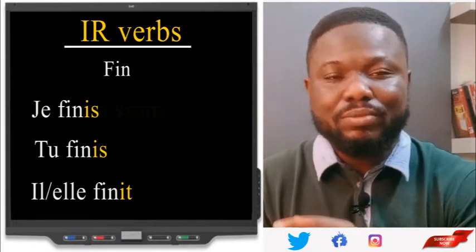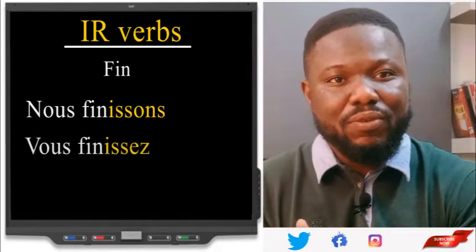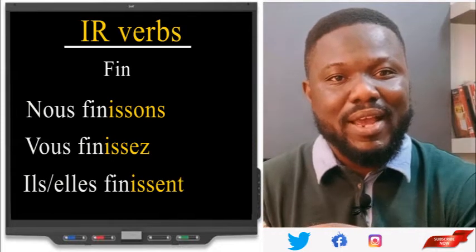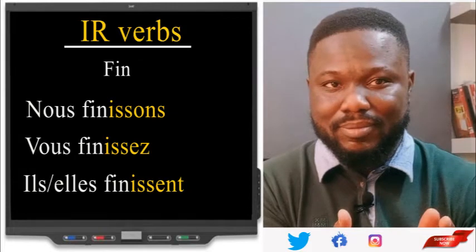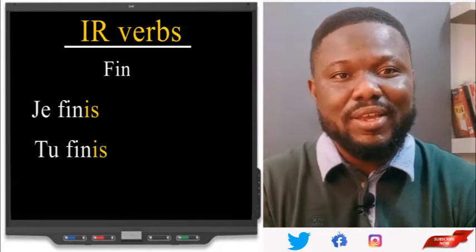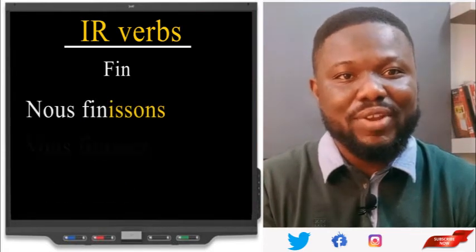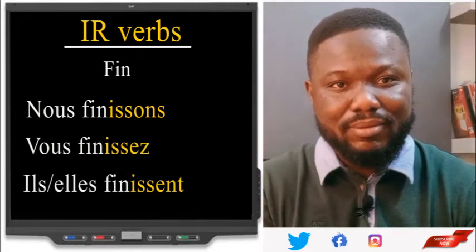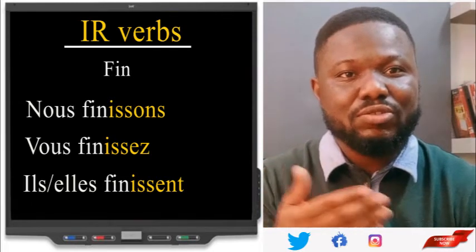For nous, I add ISS-ONS. For vous, I add ISS-EZ. And for ils and elles au pluriel, I add ISS-ENT. So I have here: je finis, tu finis, il finit, elle finit, nous finissons, vous finissez, ils and elles au pluriel finissent. Which means I finish or I'm finishing, you finish or you are finishing, and so on.